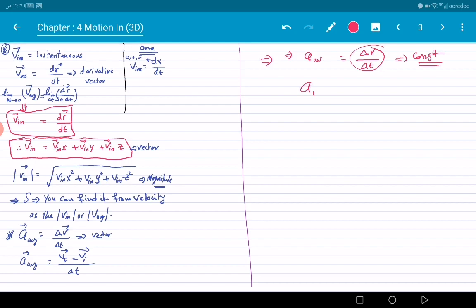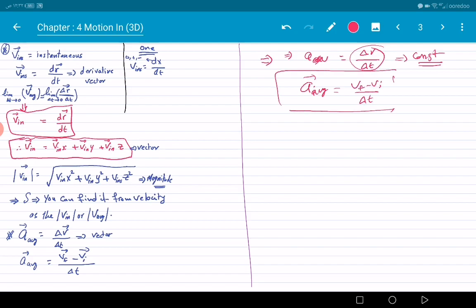The instantaneous in one dimension as a vector, average, is also v final minus v initial divided by dt.